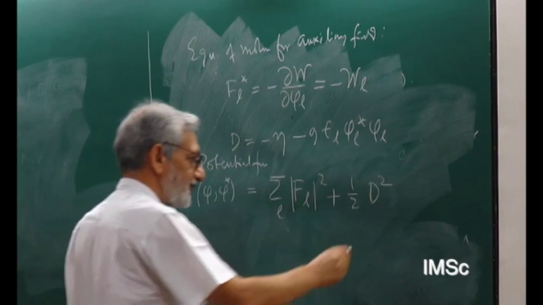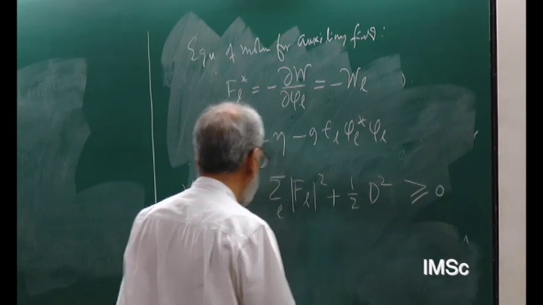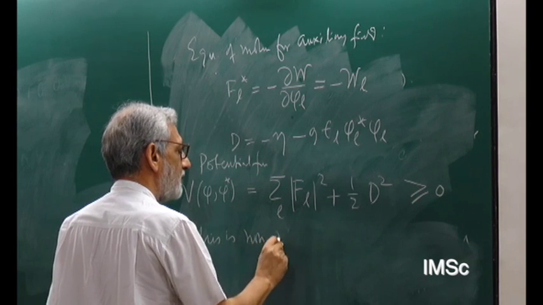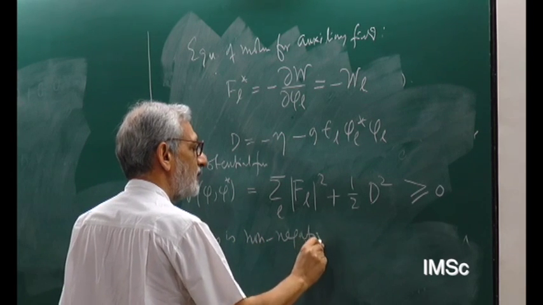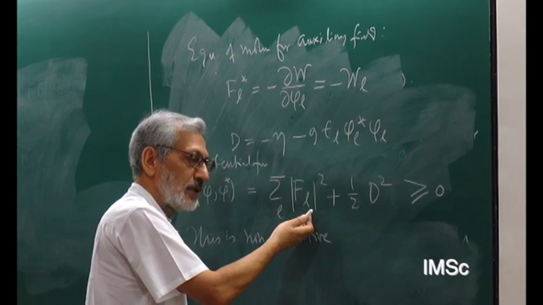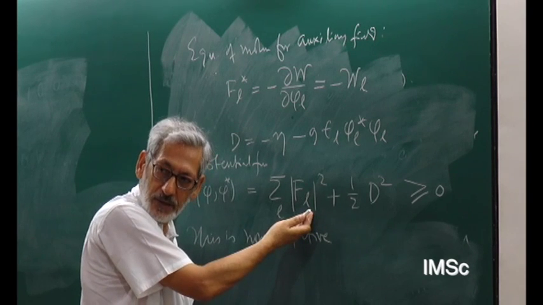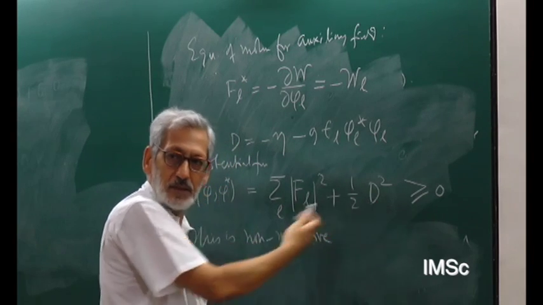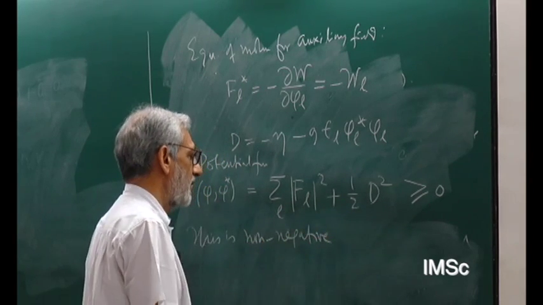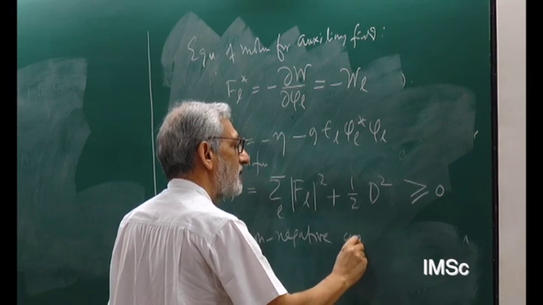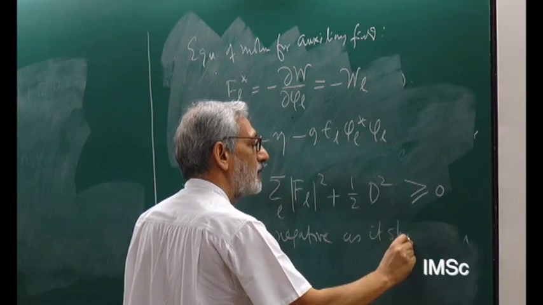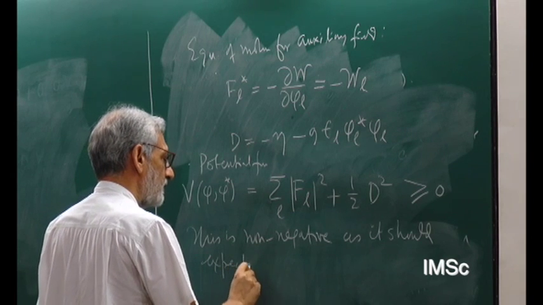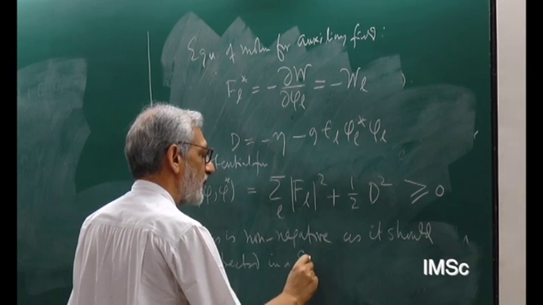And that is non-negative, because mod square of any quantity is positive, D is a real field, so the square of D is positive, a sum of positive things. Non-negative, as it should be expected in a supersymmetric theory.